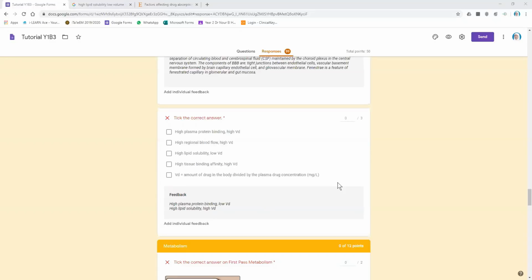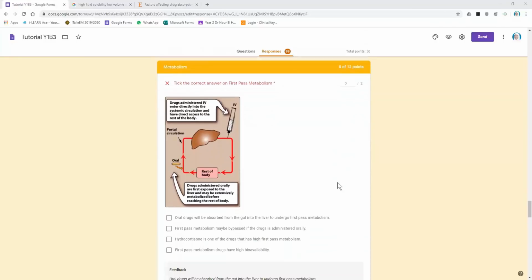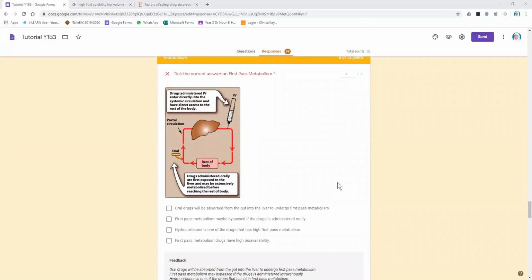So let's say the drug dose is 400 milligram, and we divide by the plasma concentration, maybe 20, so the volume will be 400 divided by 20, which is 20 liter volume of distribution. And the volume of distribution is actually the volume throughout the body. Right, next, first pass metabolism. Okay.